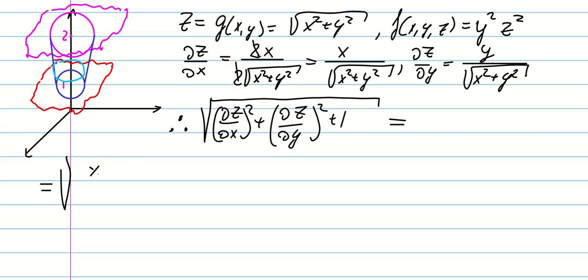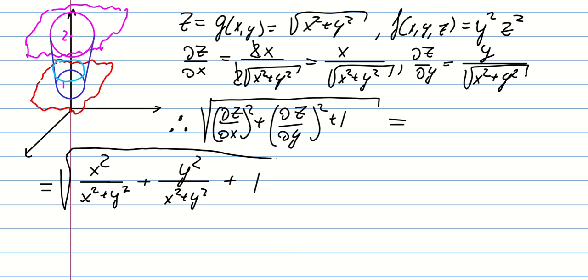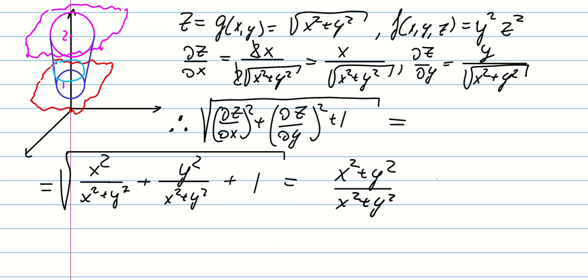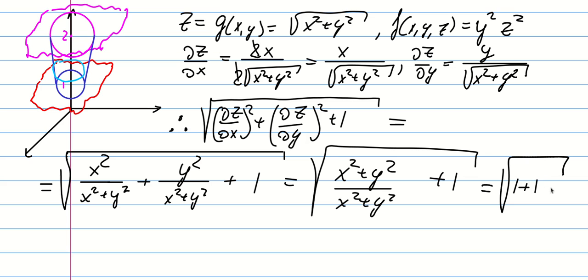So first one squared, so it's x squared over x squared plus y squared, plus y squared over x squared plus y squared, plus 1. But we can clearly see that if we add these two terms, numerator will be x squared plus y squared over x squared plus y squared, plus 1. And so we have square root of 1 plus 1, which is a square root of 2. Square root of 2. All right.